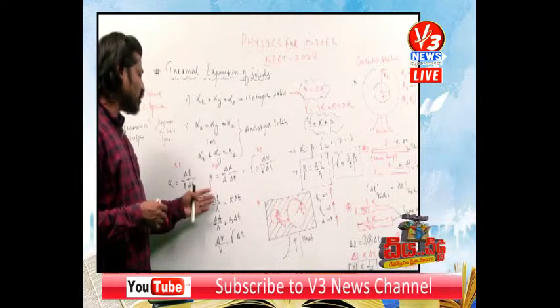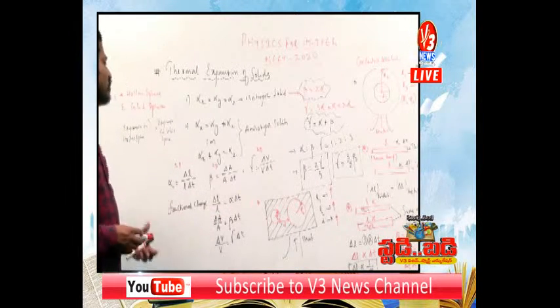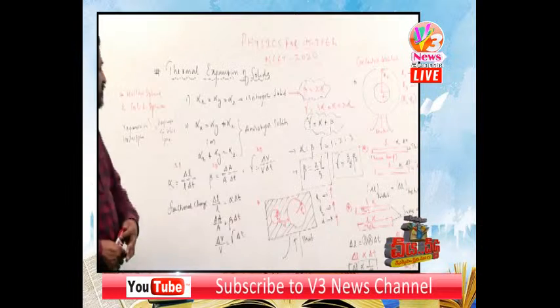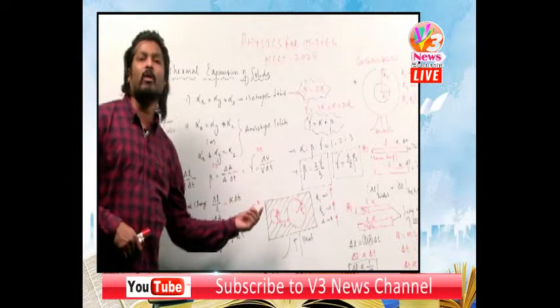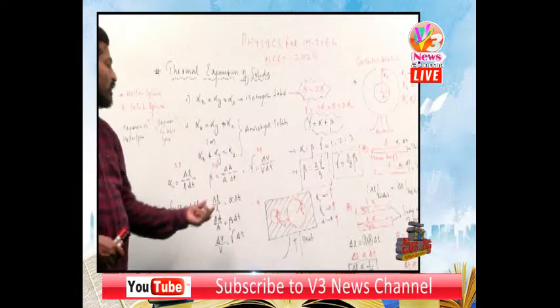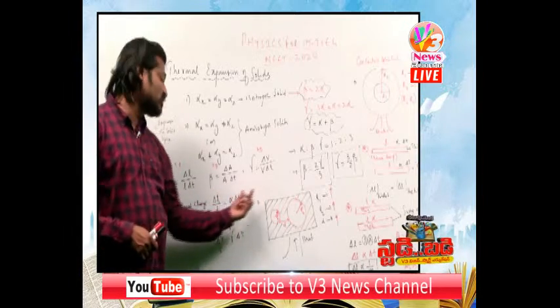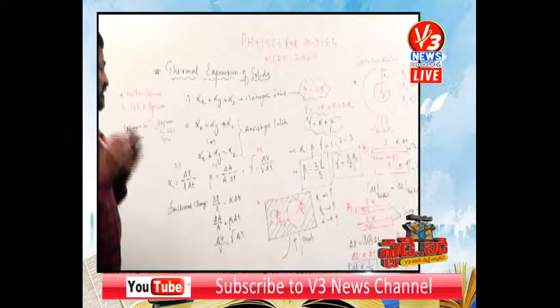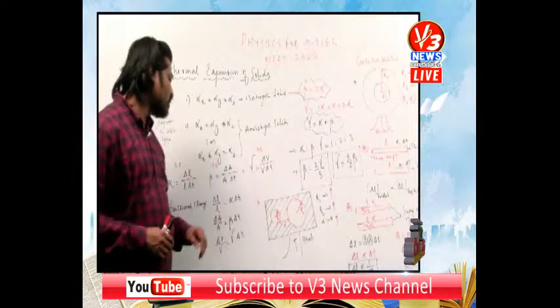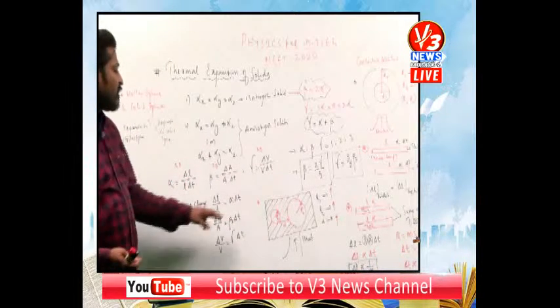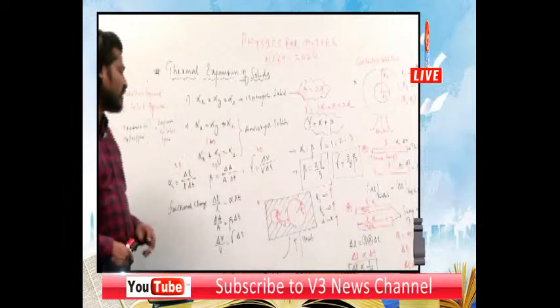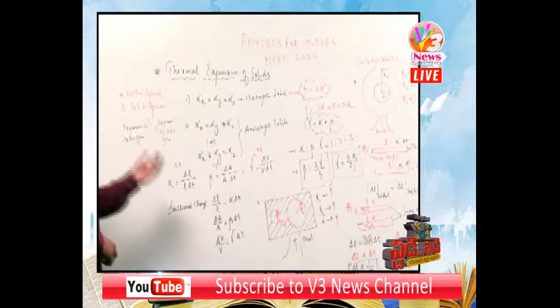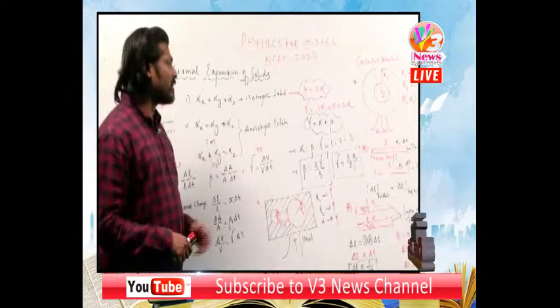Fractional changes, I told you, delta L by L equals alpha into delta T. He may be asking a theoretical question: is fractional length dependent on the initial length? No, it is independent of the initial length, initial area and initial volume. It just depends on what temperature you are giving to that body and what material it is made of, alpha, beta or gamma, whether it is 1D, 2D or 3D.